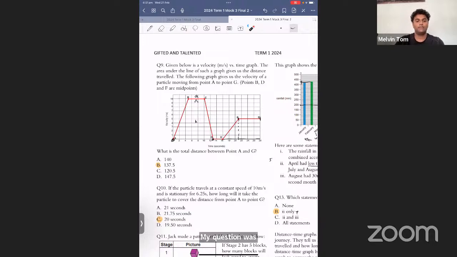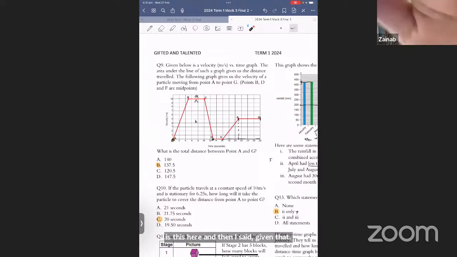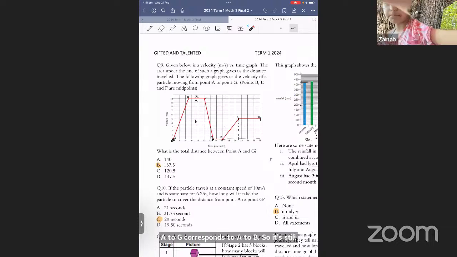We changed it so it's less confusing. Basically it's the same question, saying between point A and G. Earlier, in some of the booklets we printed, it said A to B is this here, and then it said, given that A to G corresponds to A to B. So it's still saying find the distance from here to here. Do you understand? Yeah, okay.